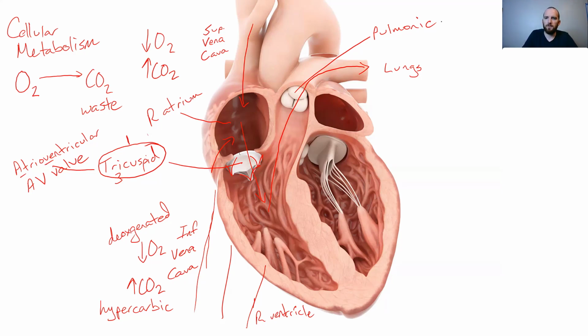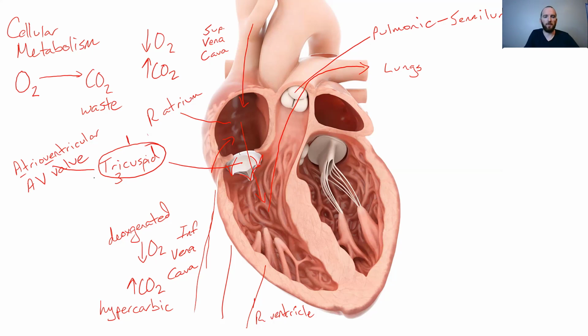So pulmonic valve, again, just because it's medicine and they want to make things more complicated by giving it more names, a pulmonic valve generically is a semilunar valve. So I have the category of valves. The tricuspid valve was an atrioventricular valve. The pulmonic valve is a semilunar valve. That one's nice at least.